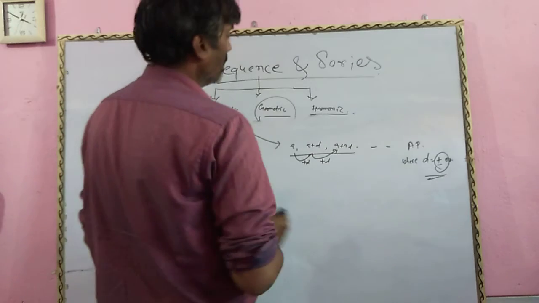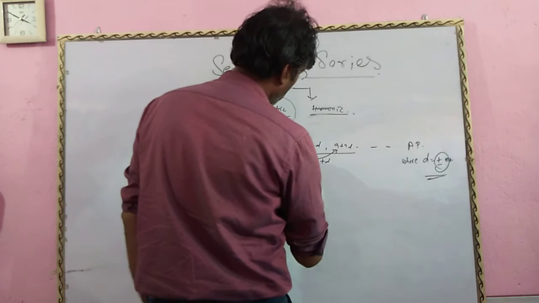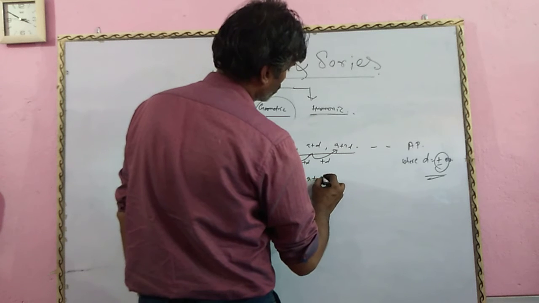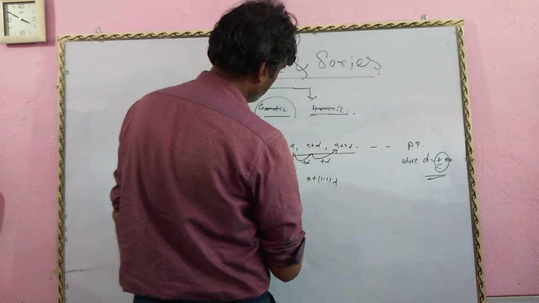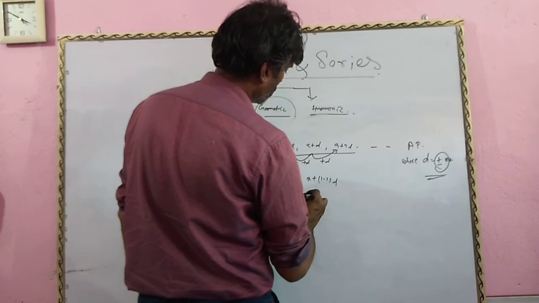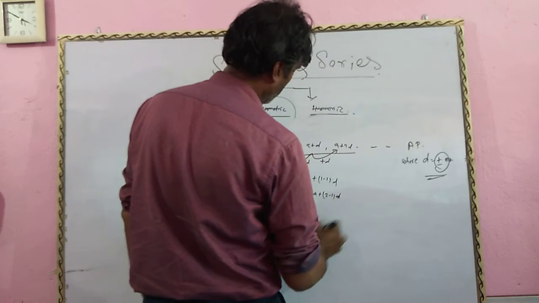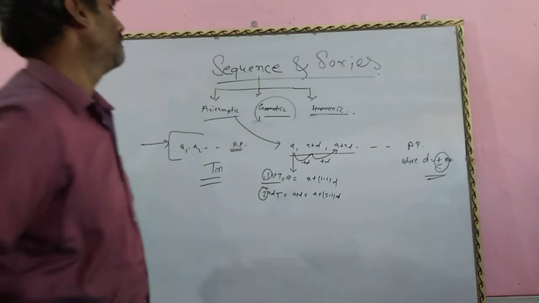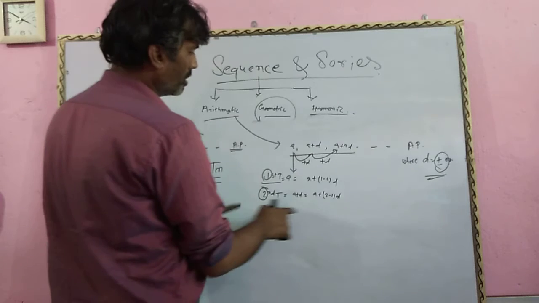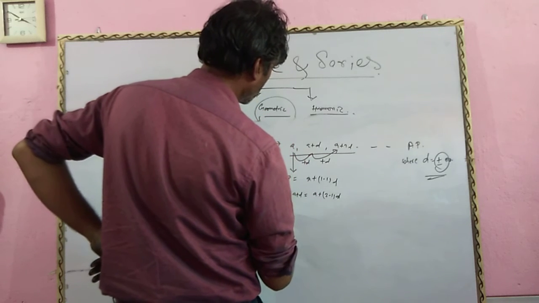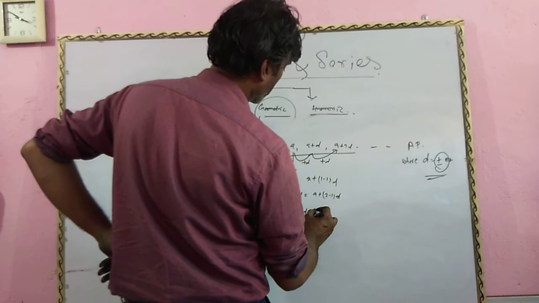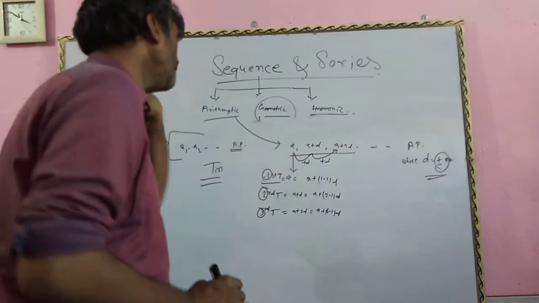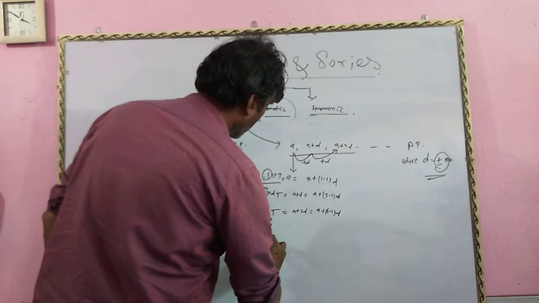And in this way, what do you see? The first term is A. You can write it as A plus (1 minus 1) into D. The second term is A plus D. You can write it as A plus (2 minus 1) into D. The third term will be A plus twice D. You can write it as A plus (3 minus 1) into D. In this way, you can write the nth term.